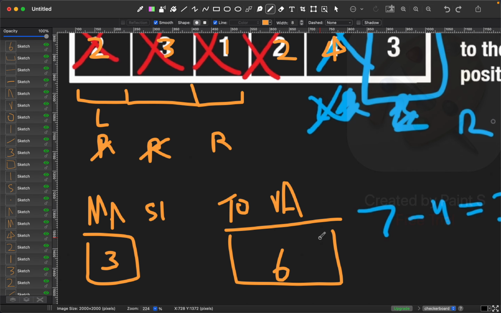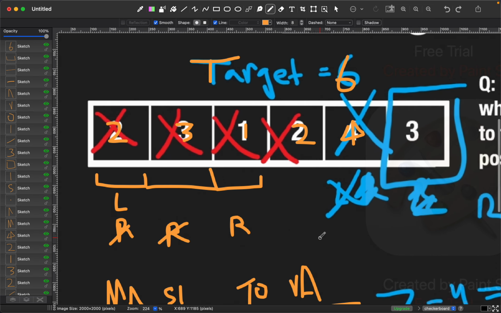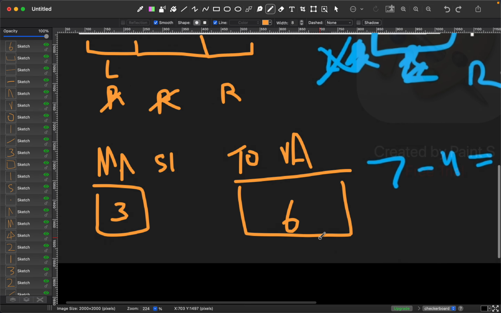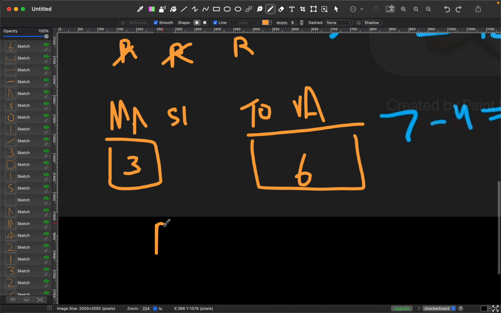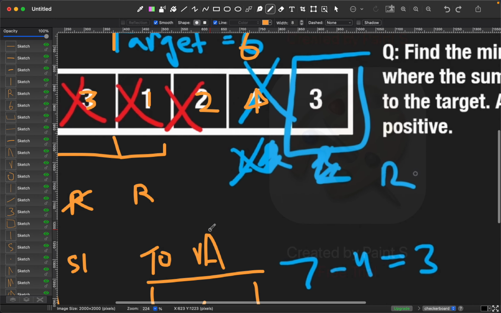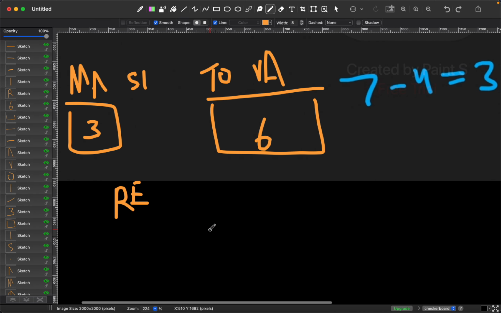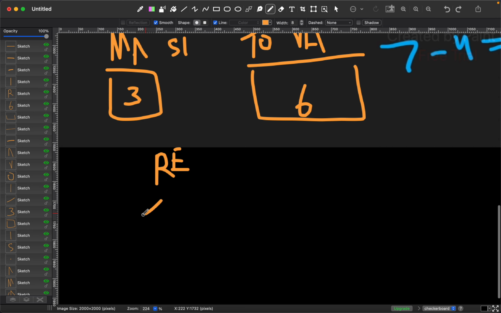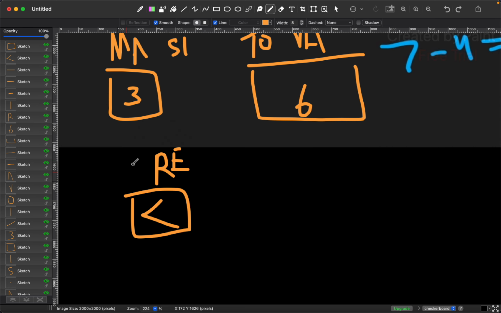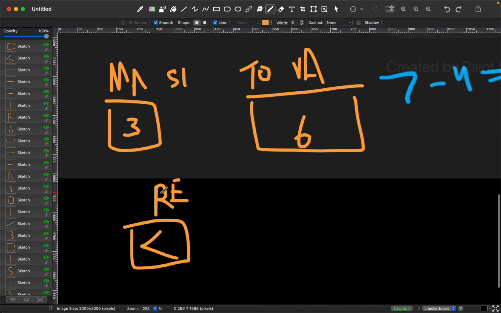It's 6, and that's because the requirement per se is that the window size be as little as possible. That was what the question specifically was asking for.